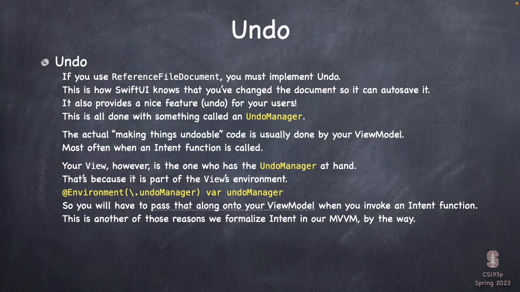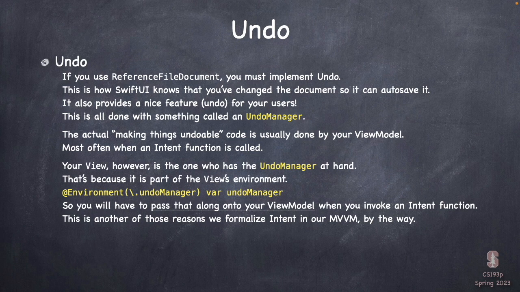And so you're going to put this at the top of some view or some views, and you're going to get the UndoManager. You really have a choice here. You could get your UndoManager and maybe on a peer of your view, you could give it to your view model. Say, here's the UndoManager to use for all the intents. Or you can do what I'm going to do in this demo, which is every time you call an intent, you pass along the UndoManager to use to undo it.